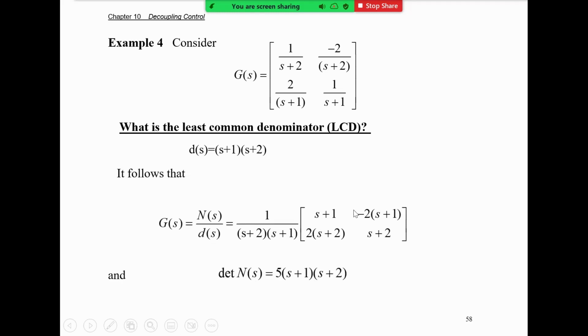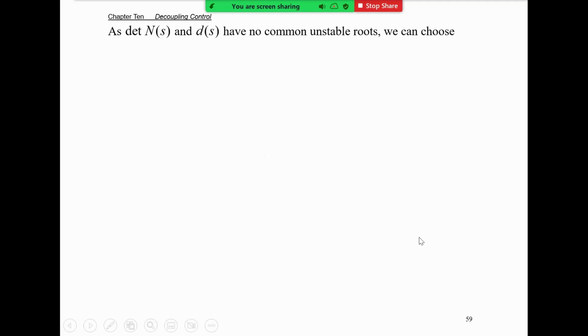Here is the determinant of this matrix, and this D. We know there are common terms, but those common factors are stable, so no problem. It does not involve any unstable cancellation, so it is okay. Then how about KD?